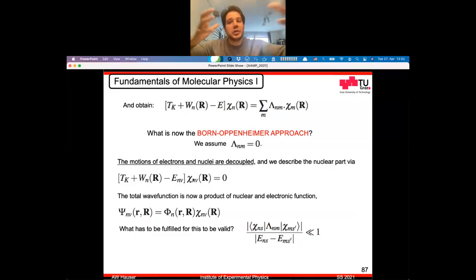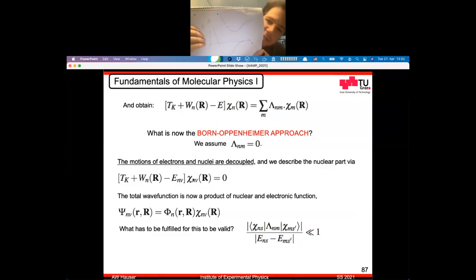Because when you change nuclear positions, your electronic state has to rearrange. The electronic energy will be slightly different. Okay, and this gives rise to this potential that is holding, in the ground state, our nuclear system together.